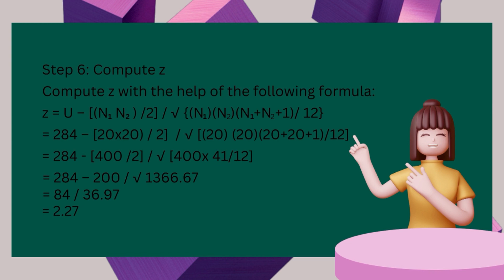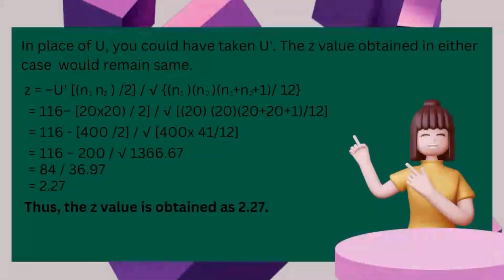In place of U, you could have taken U dash. The z value obtained in either case would remain the same. z is equal to U dash minus n1 n2 divided by 2, over the square root of n1 n2 (n1 plus n2 plus 1) divided by 12, and the value would be 116 minus 20 into 20 divided by 2 over the square root of 400 into 41 divided by 12, and the value would be 2.27.